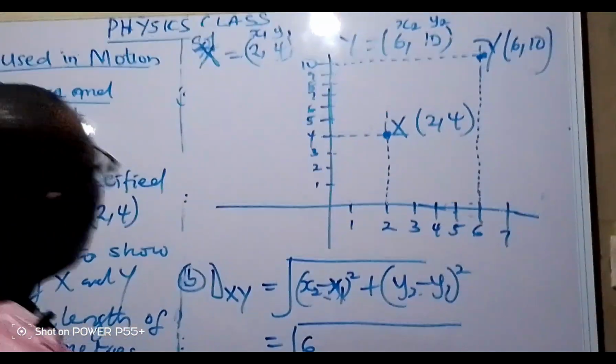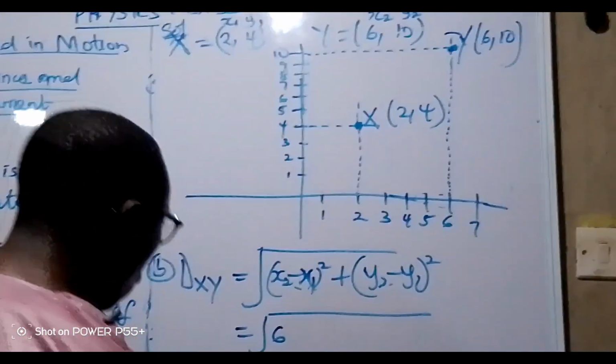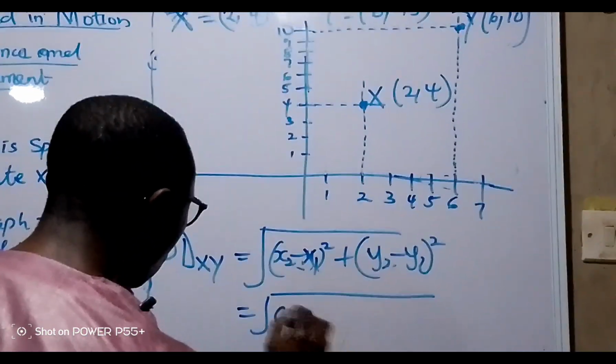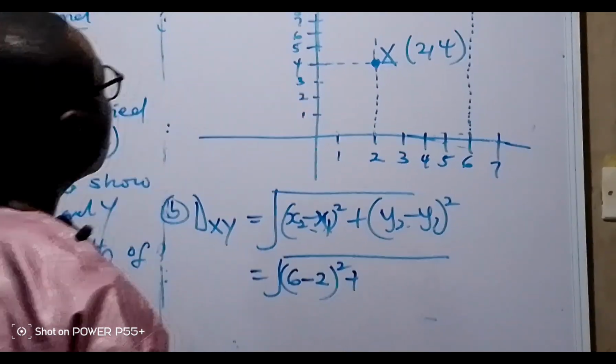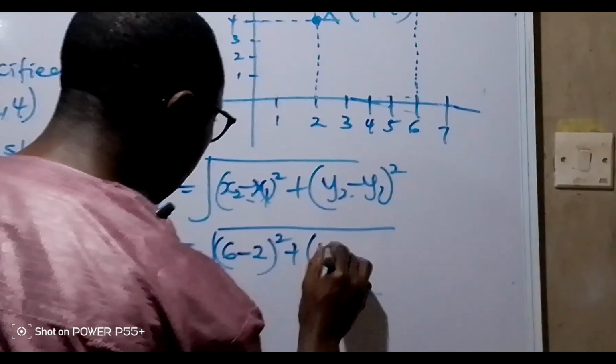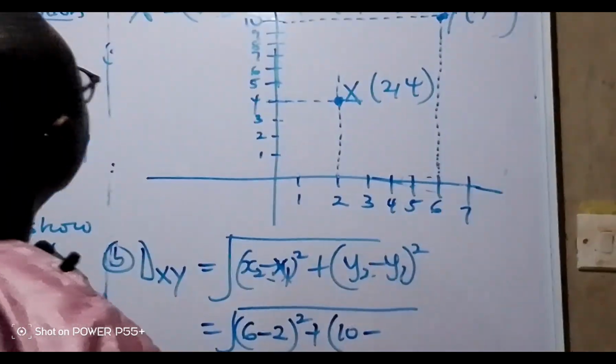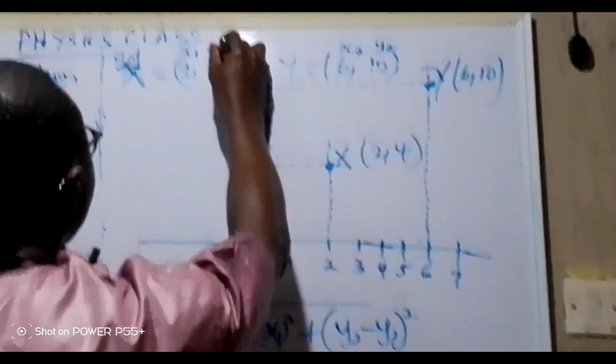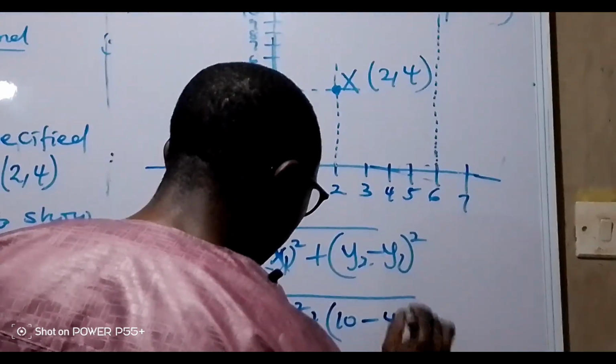Our x1 is 2, minus 2, all to square. Our y2 is 10 minus y1. That's 4 square.